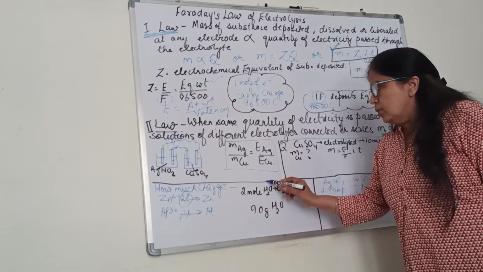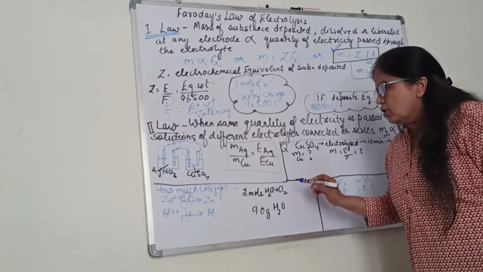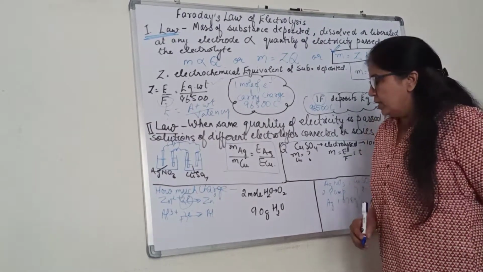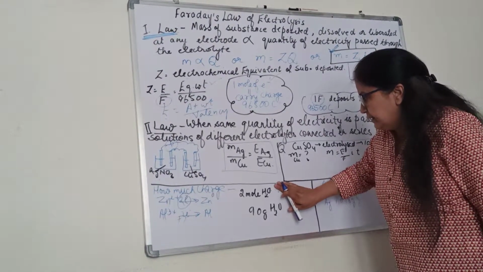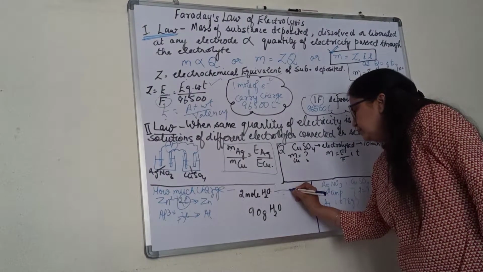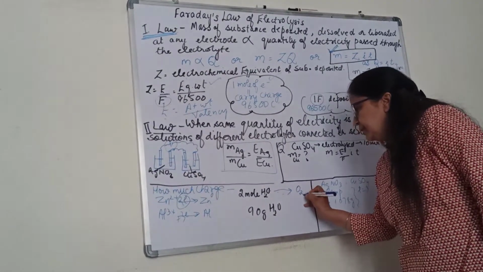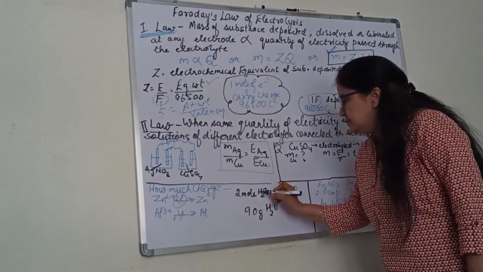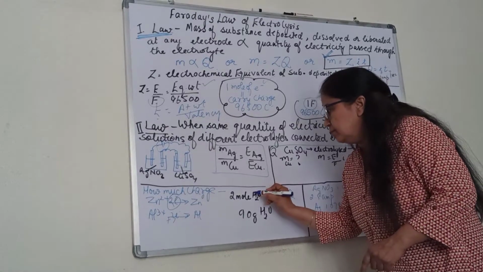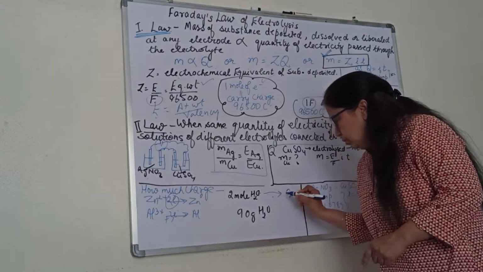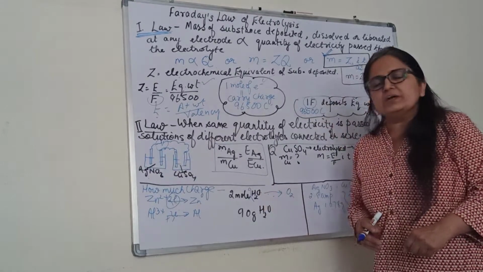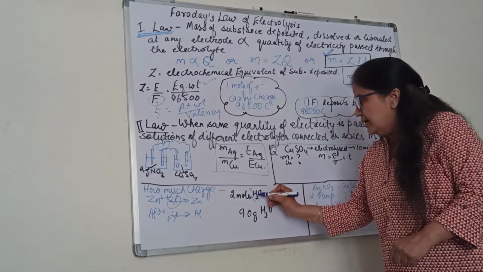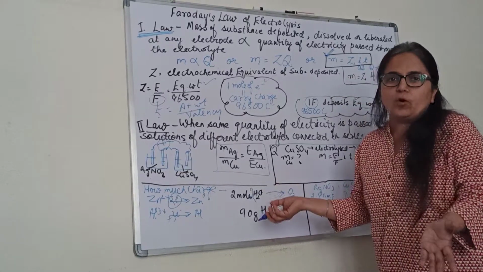Say 2 moles of water if we have to convert to oxygen. How much charge is required? Here, first we will balance it. Let me write it clearly, H2O forming O2. I will balance it. This becomes 2H2O. Now you have 2 moles of water here.